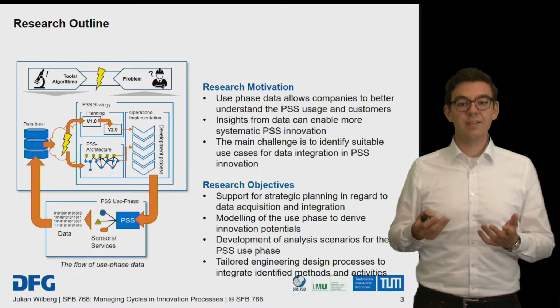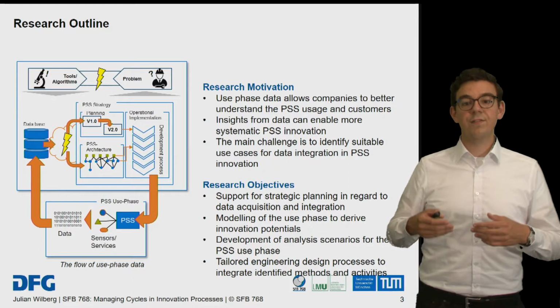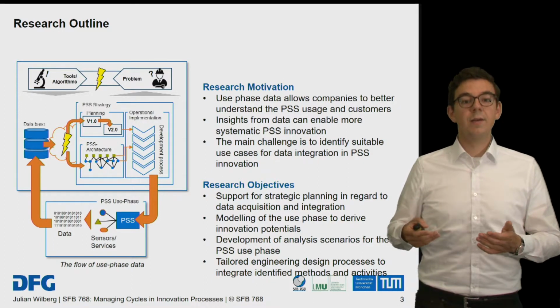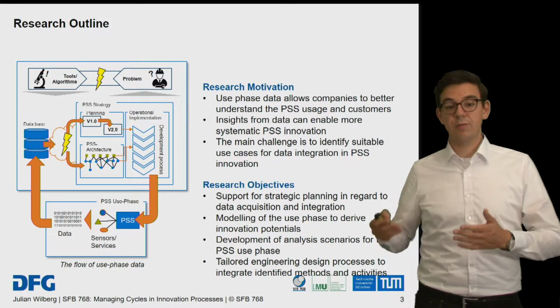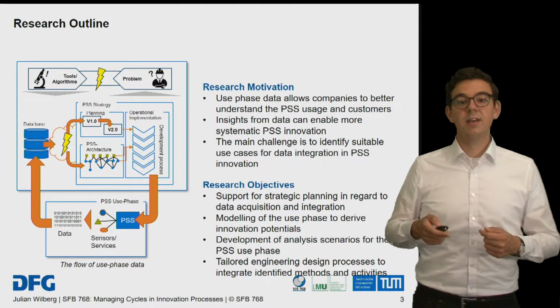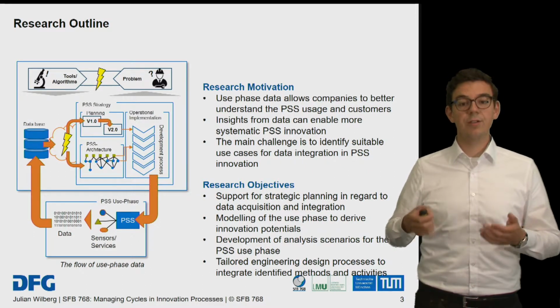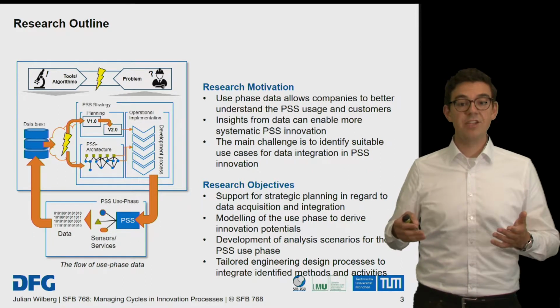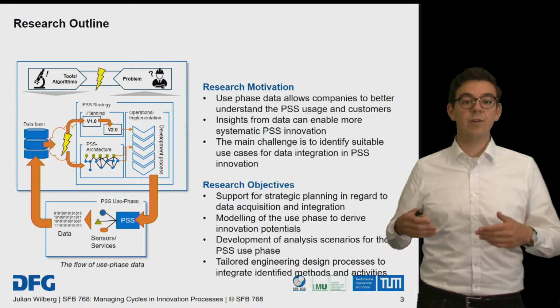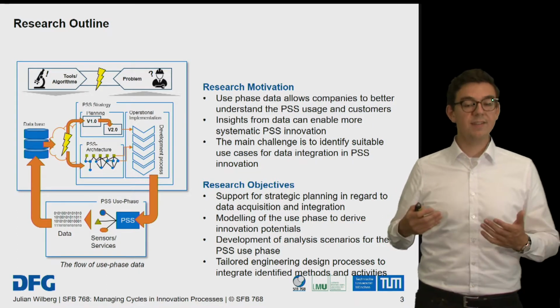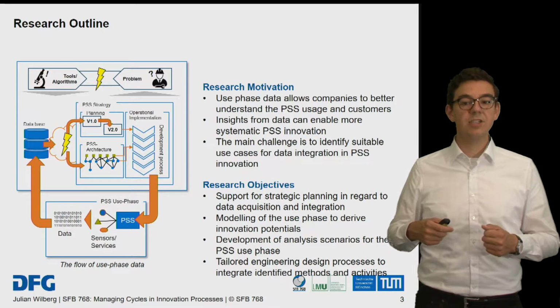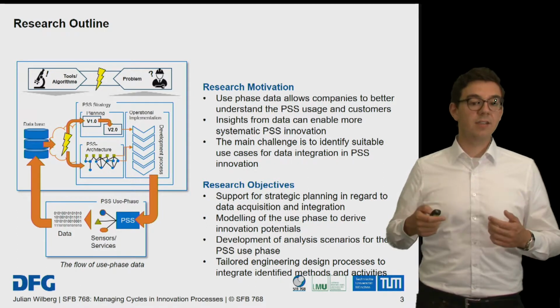In order to analyze the possible range as well as the future system behavior, means and methods to design corresponding analysis scenarios for data need to be investigated. Eventually, in order to ensure the implementation of the identified use cases and derived methods, pre-existing design processes within an organization need to be tailored correspondingly.